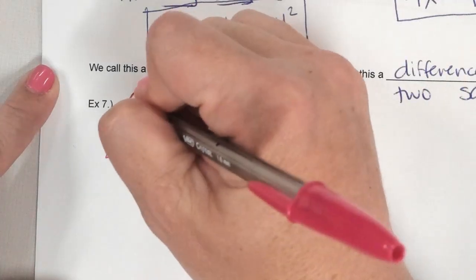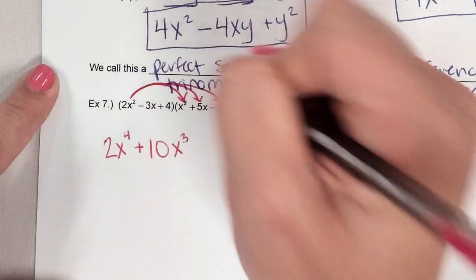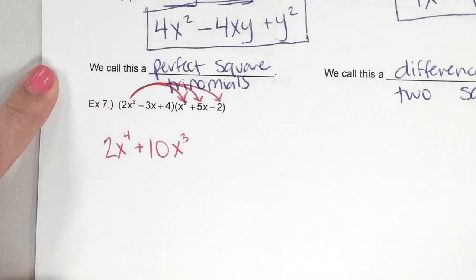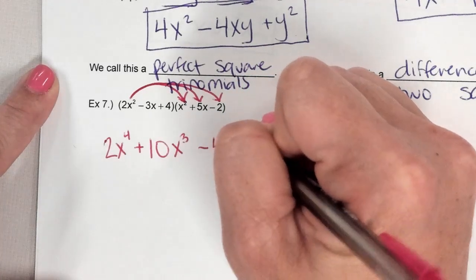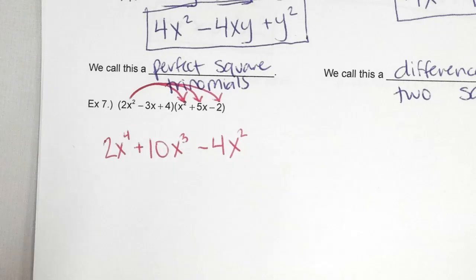You weren't wrong. 2x squared times negative 2. Negative 4x squared. So there's our first one. We're done.